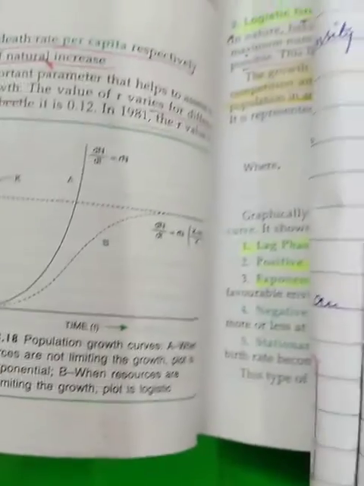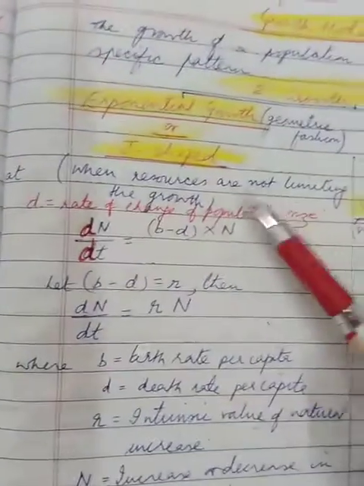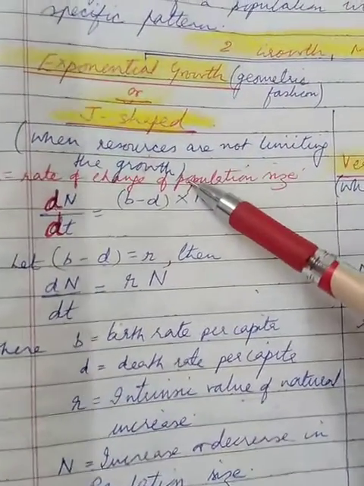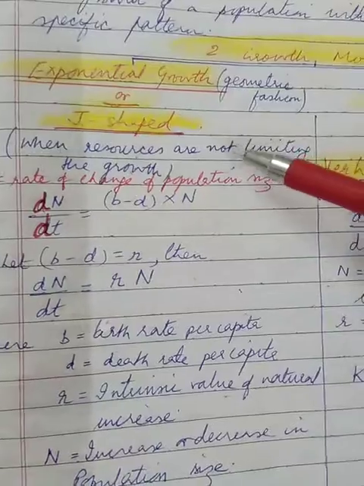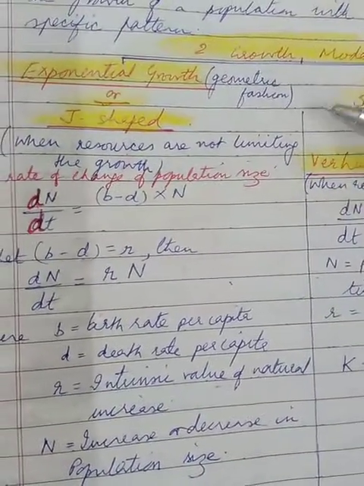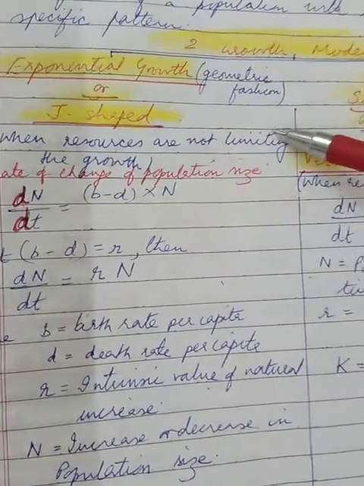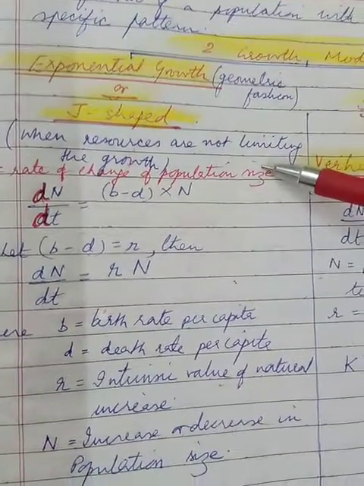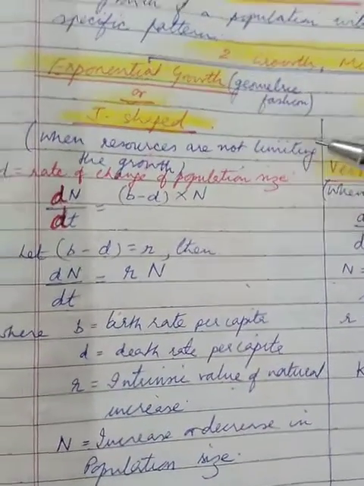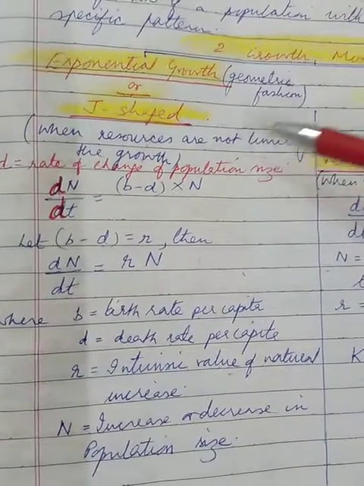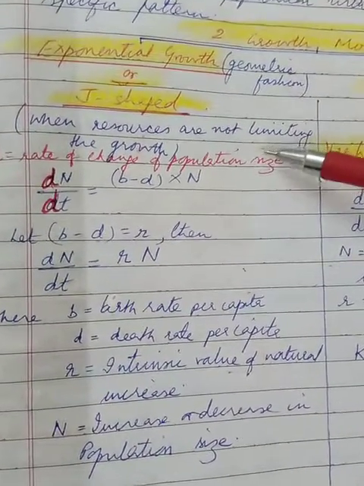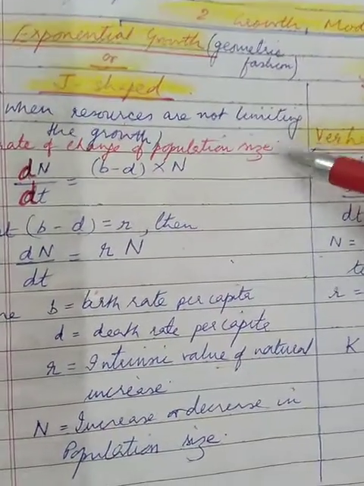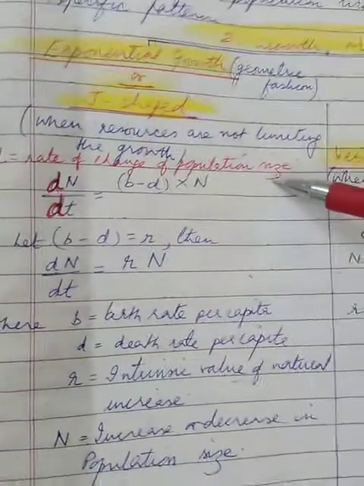Now let us understand what is the J-shaped or exponential growth curve, the first type. Now suppose the conditions in any population, let's say space or food, are abundant or unlimited. Then each population has the potential to grow in a very maximum amount, or in an exponential way, right?